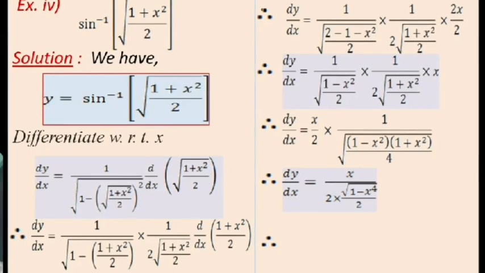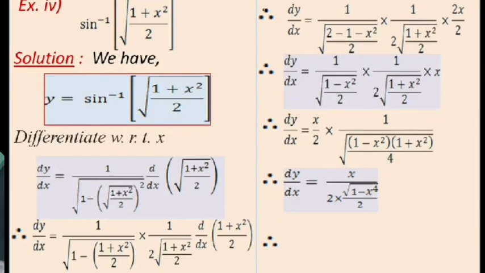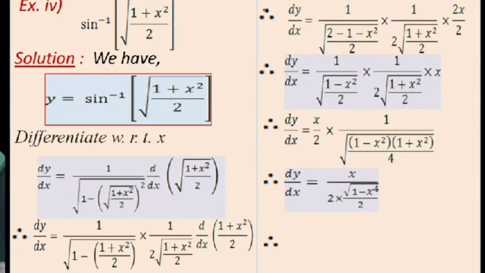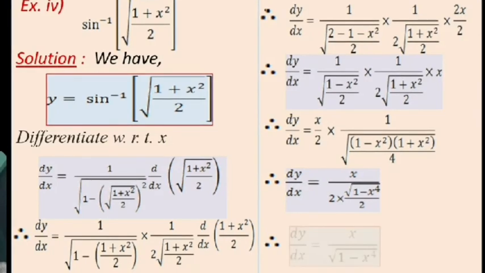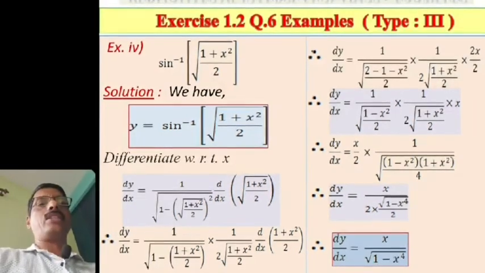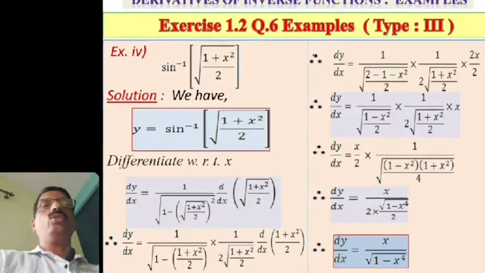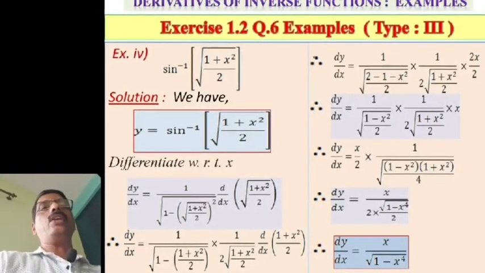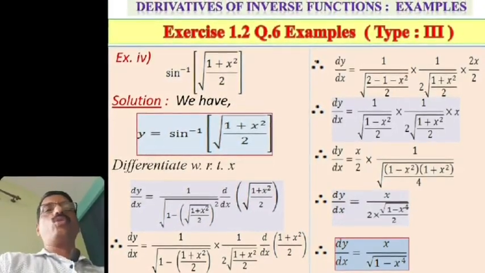Okay, and therefore dy by dx equal to x upon 2 into 2 upon root of (1 minus x raised to 4). Here again 2 and 2 cancel, and therefore the next step becomes dy by dx equal to x upon root of (1 minus x raised to 4), and that is the derivative of the given function sin inverse of root of (1 plus x square) upon 2. Okay.